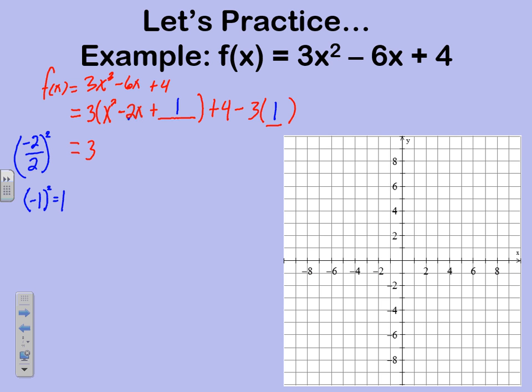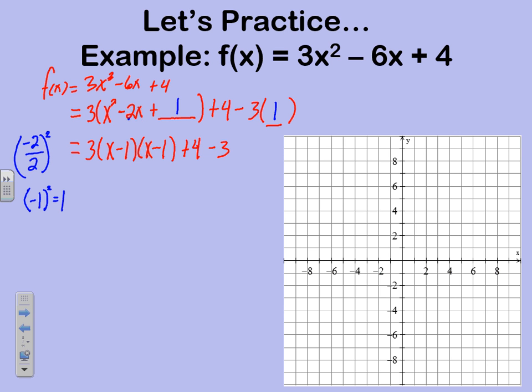Inside of the first set of parentheses, we have a quadratic expression that can be factored. In fact, if I factor it, I'm going to get x minus 1 times x minus 1. We still have the plus 4 on the outside, and the negative 3 times positive 1 is just minus 3.